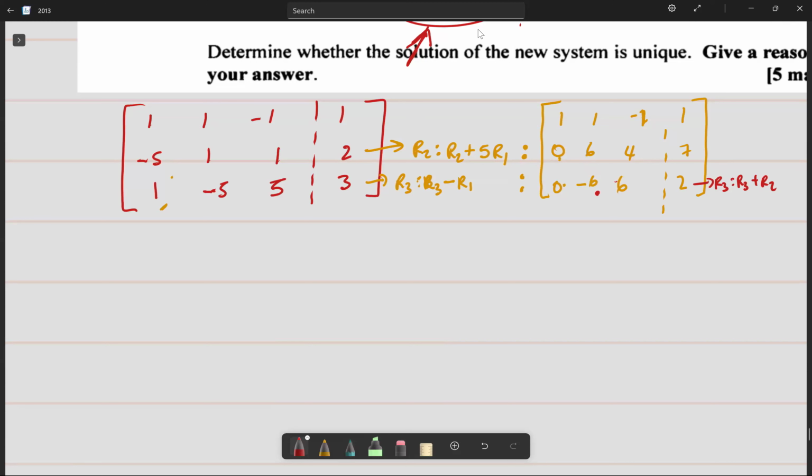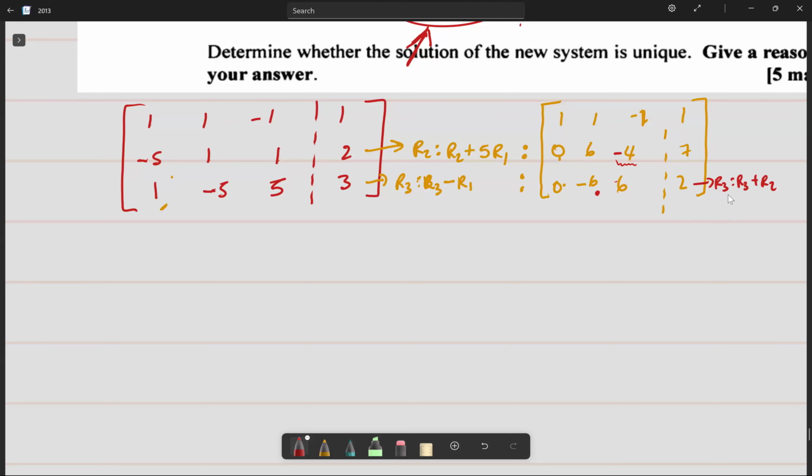Sir, where you have 4, is it supposed to be -4? Right here? Yes, sir. Maybe. Let me check. So that's 1 plus 5 times -1. It should be -4. Yes. -4. Thank you.